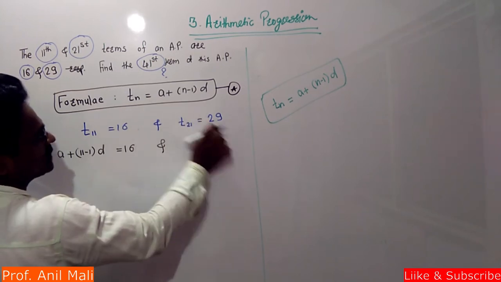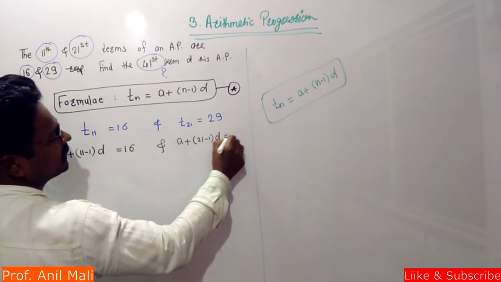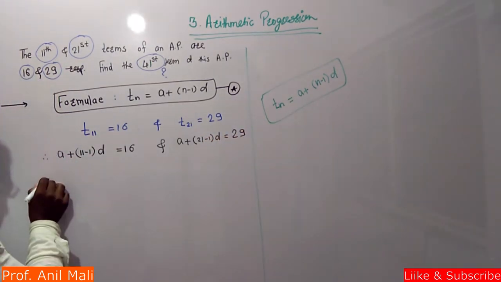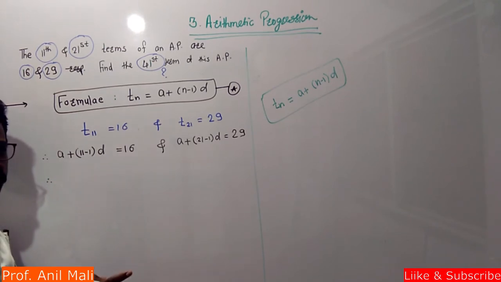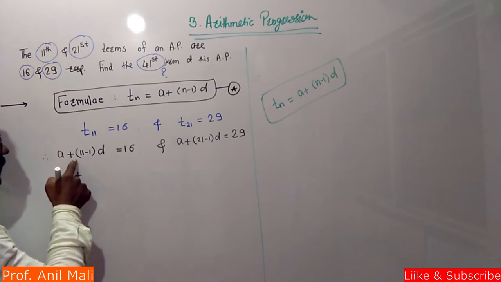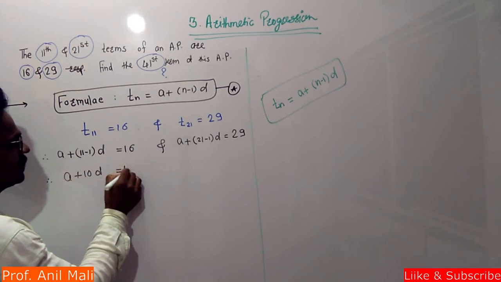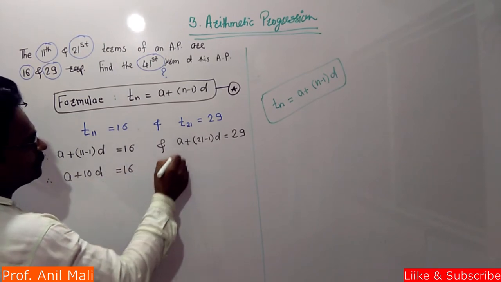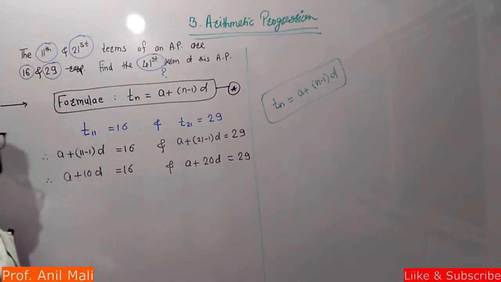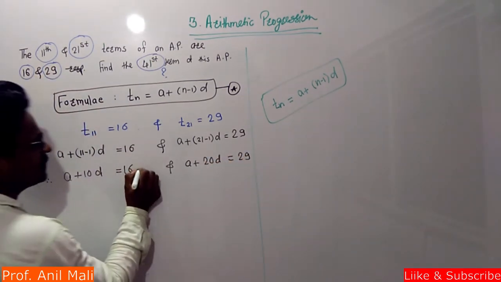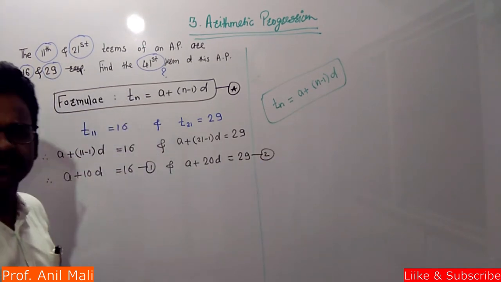The formula will become a plus 21 minus 1 into d is equal to 29. Now simplification: a plus 10d is equal to 16, and a plus 20d is equal to 29. This is equation number 1 and this is equation number 2.